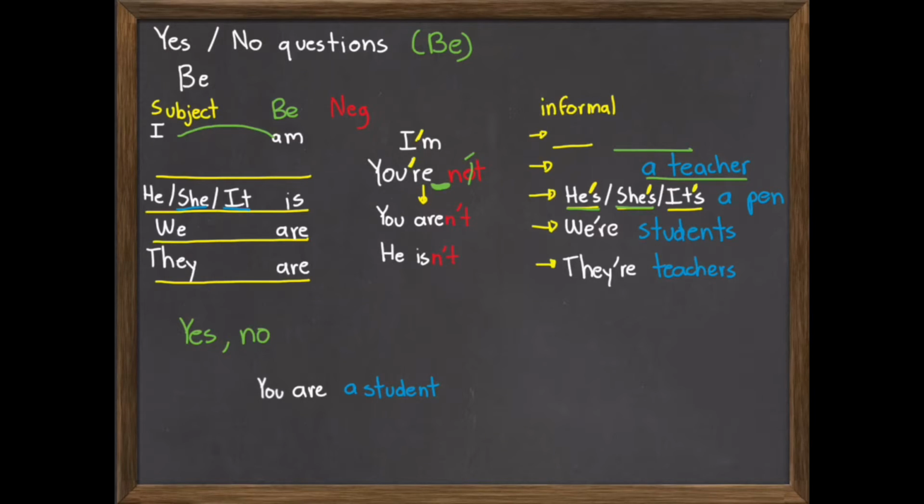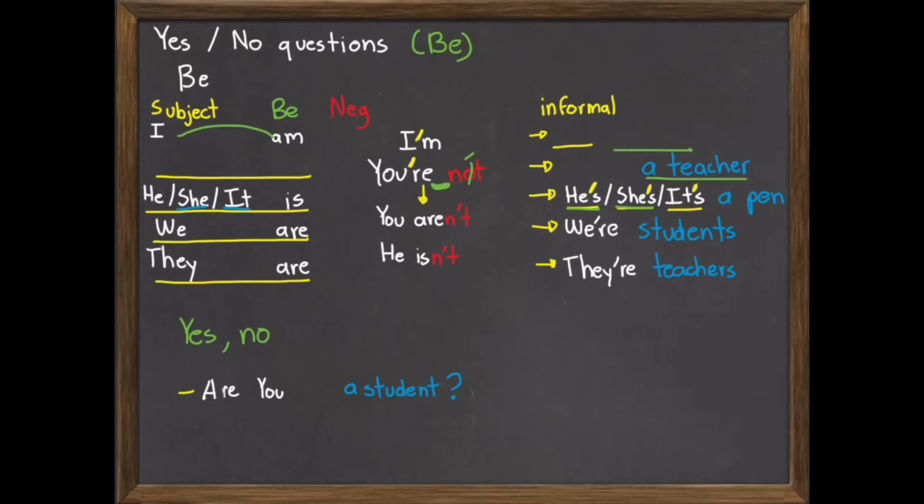You are a student. But to ask a question, you put the verb to be before the subject. Are you a student? And then you add the question mark at the end. And you can answer yes or no.